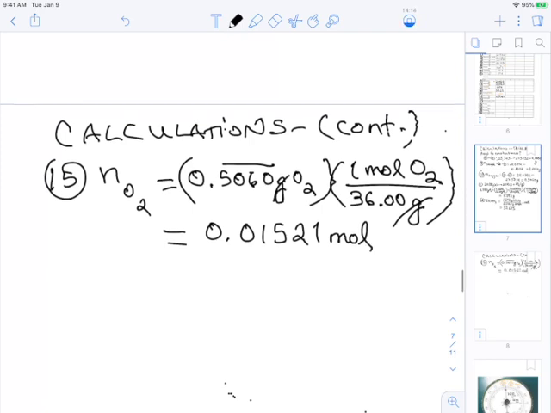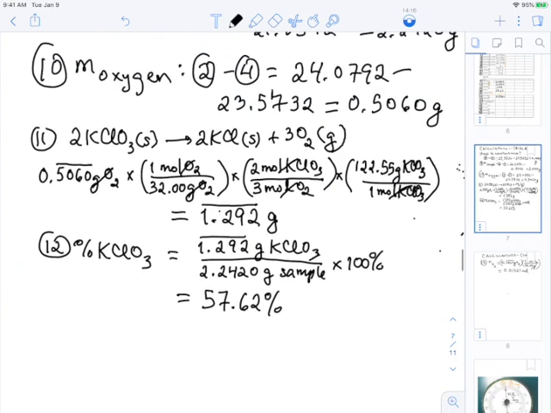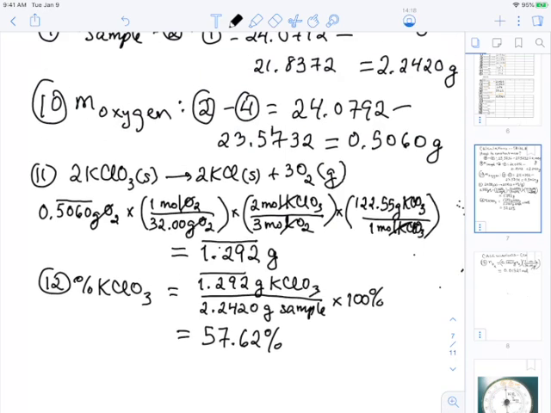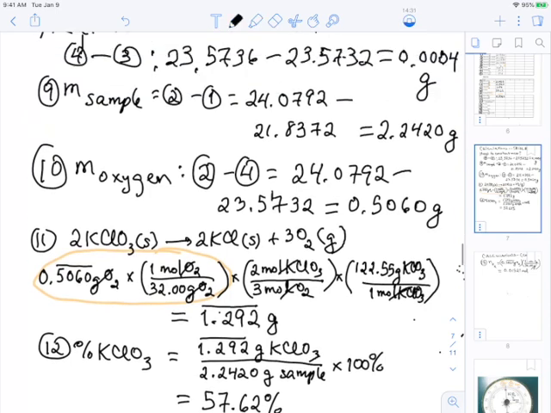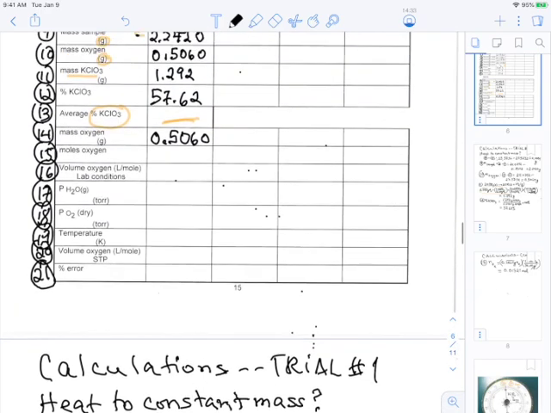Now, of course, if you had been thinking ahead of time, you probably could have gone here when you did this calculation and saved this in your calculator, because that's exactly the calculation we just did, and then you would have it there. Dr. D.A. did not have that gift, so I had to do it again. So we have here essentially 0.01521 moles of oxygen.